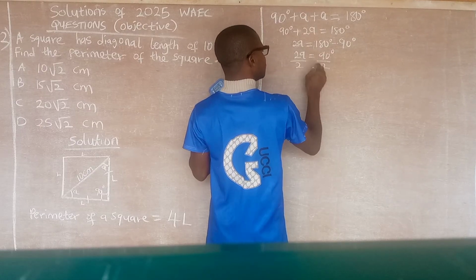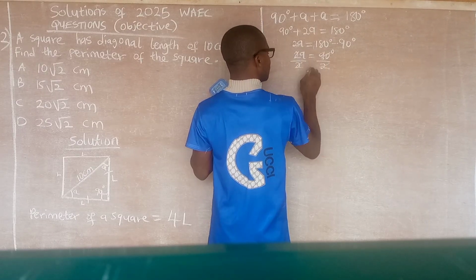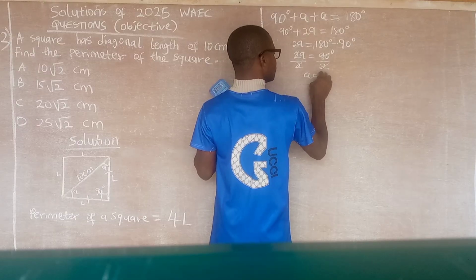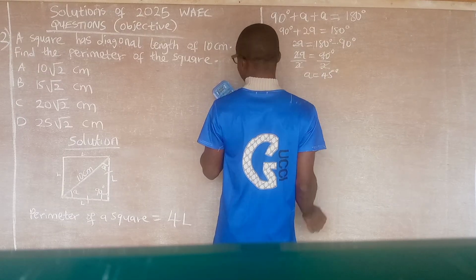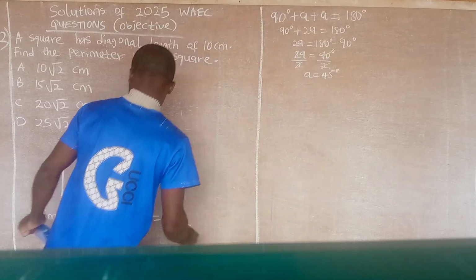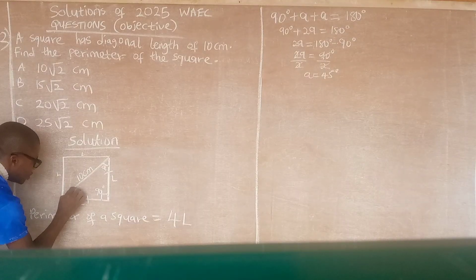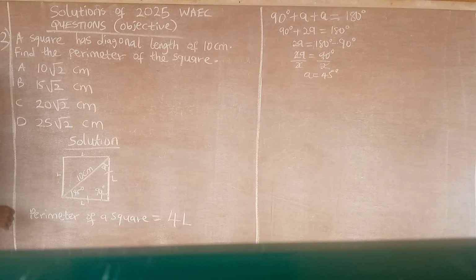To get A, divide both sides by 2. So A is equal to 45 degrees. So this angle is equal to 45 degrees.